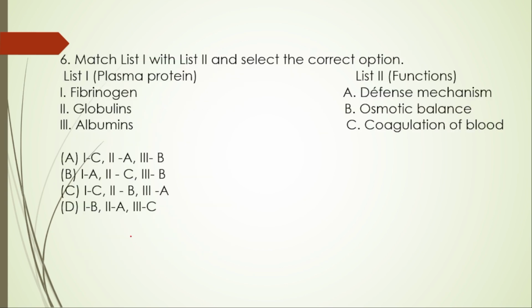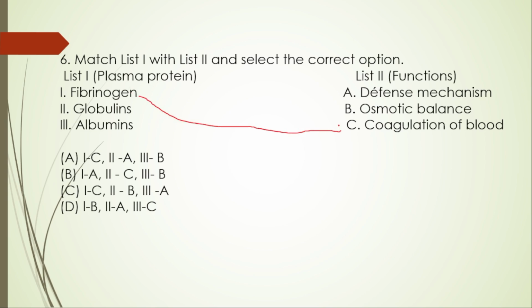Next question, question number 6. Match the following type of question. Here fibrinogen, plasma protein is given, and then function is also given. Fibrinogen is a coagulation protein, that is, it's helpful for blood clotting.